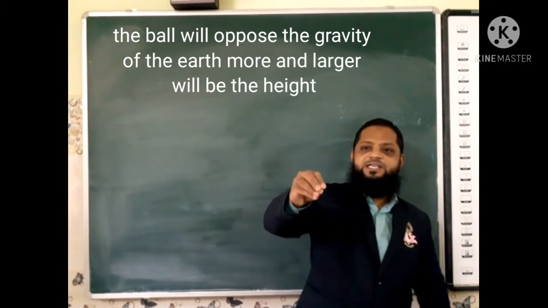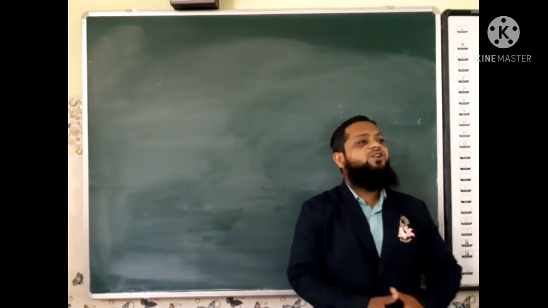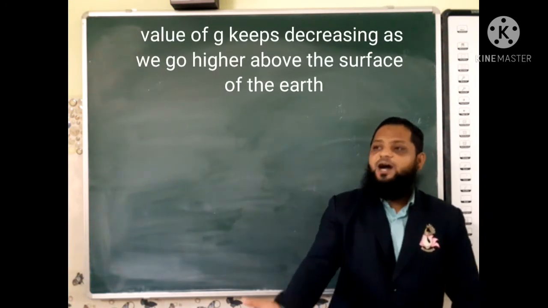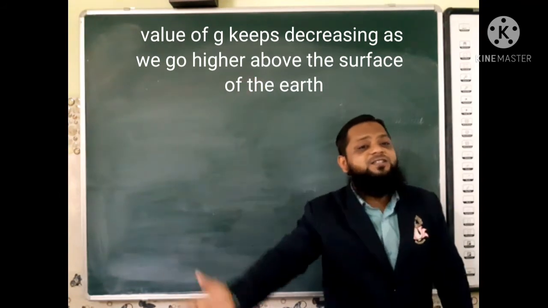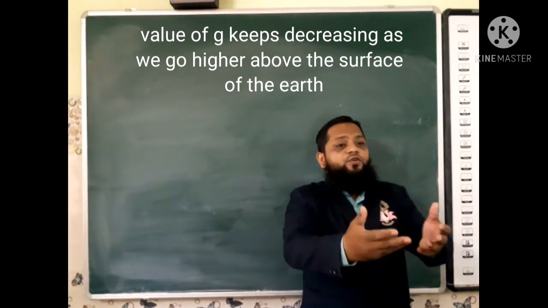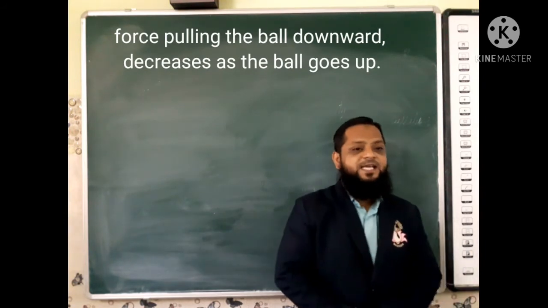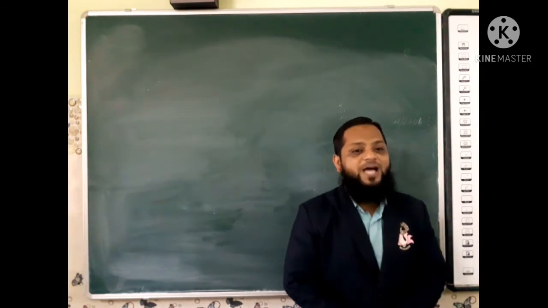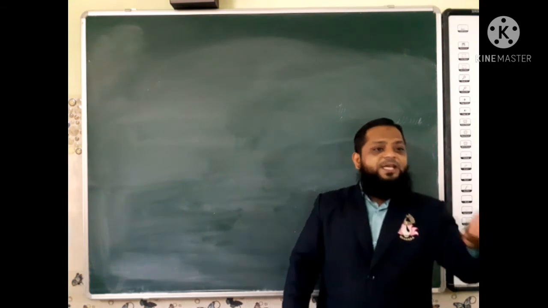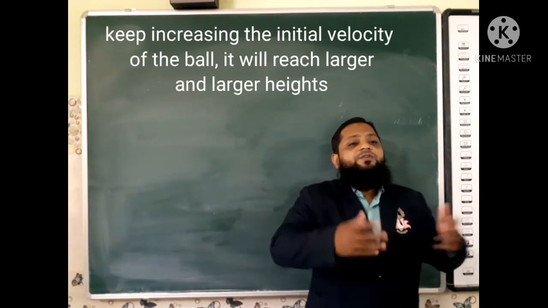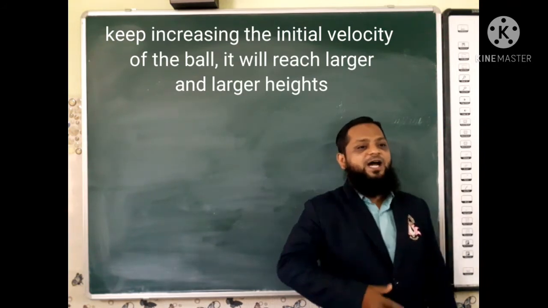We have already studied that the value of g keeps decreasing as we go higher above the earth's surface. The force pulling the ball downward decreases as the ball goes up. If we keep increasing the initial velocity of the ball, it will reach larger and larger heights.